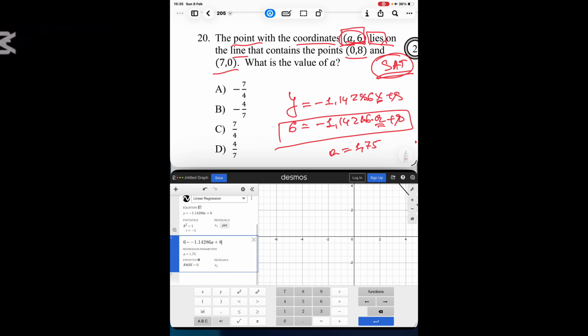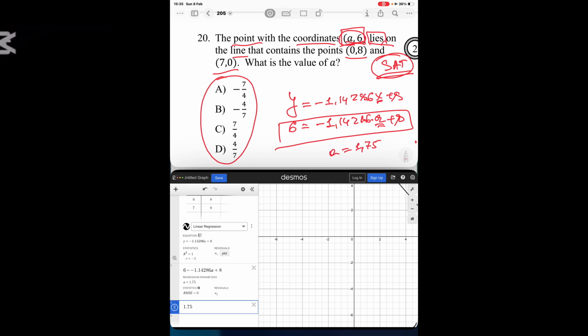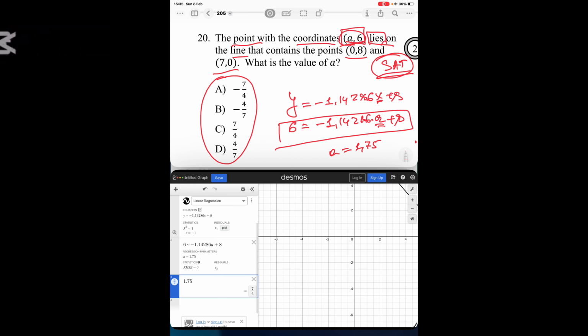Here we are given fractions, so copy this expression to Desmos again, to the third expression, and when you press this button, it gives exactly the same answer, which is 7 divided by 4, choice C. So for this question, the answer is C.